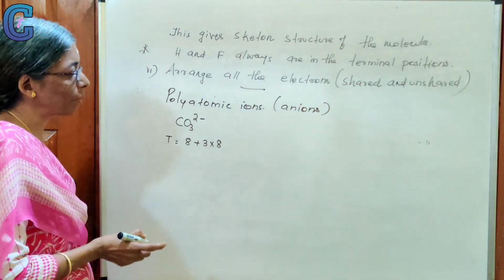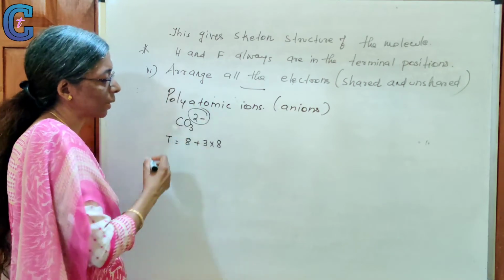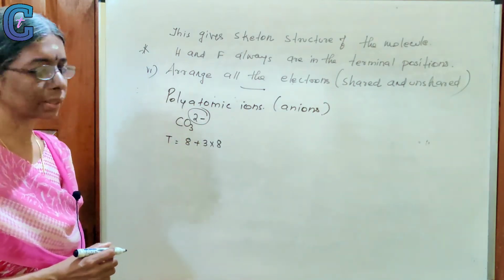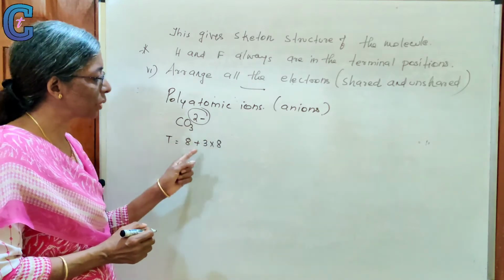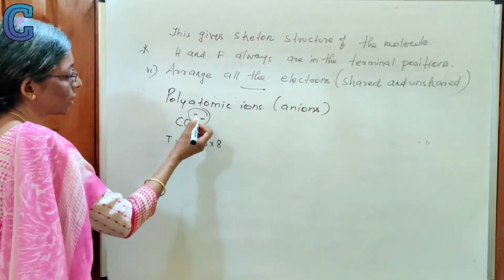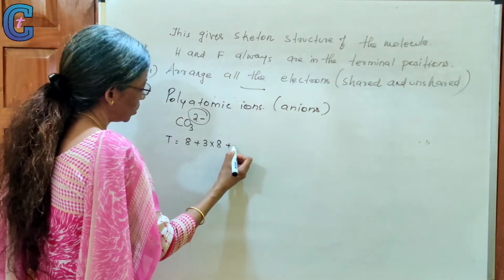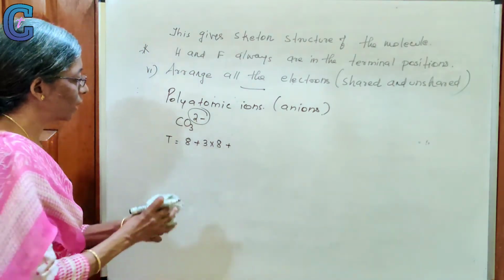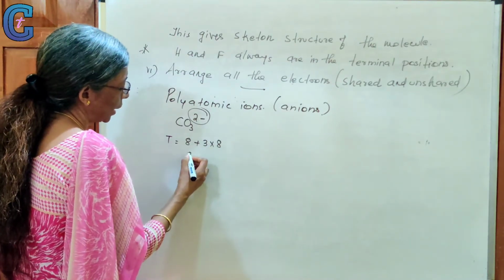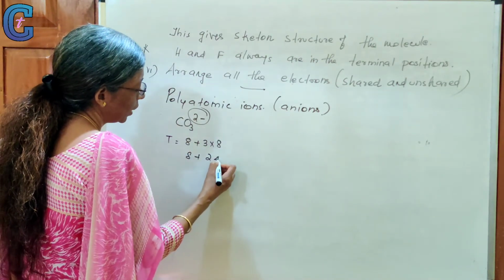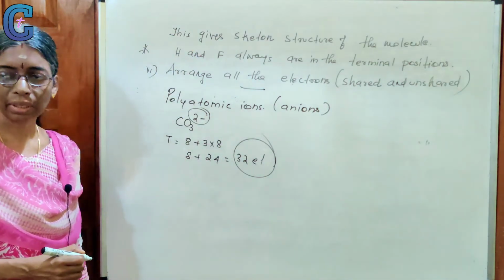Negative charge leads to addition of that particular number, so for 2 minus we add 2. 8 plus 24 is 32 electrons. This is the total number of electrons, right?